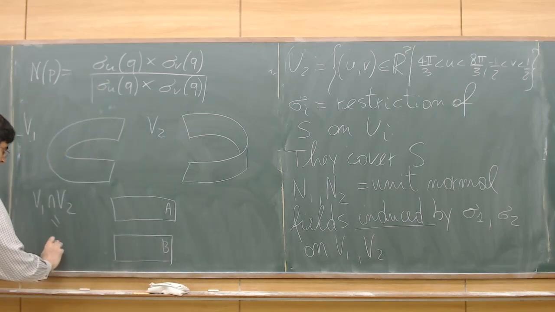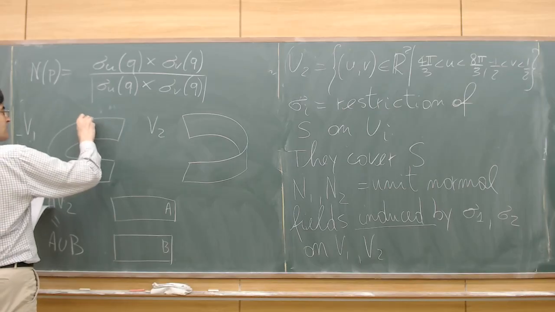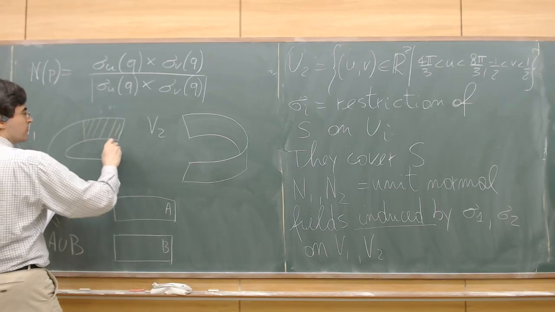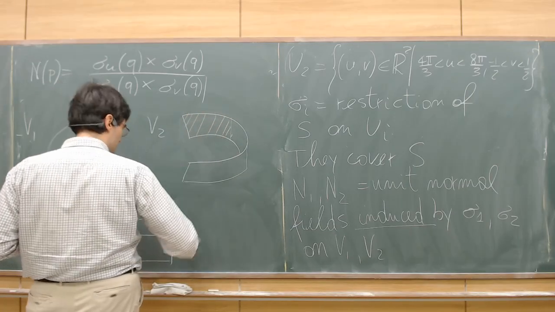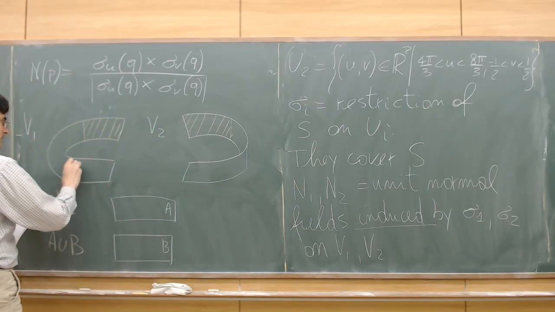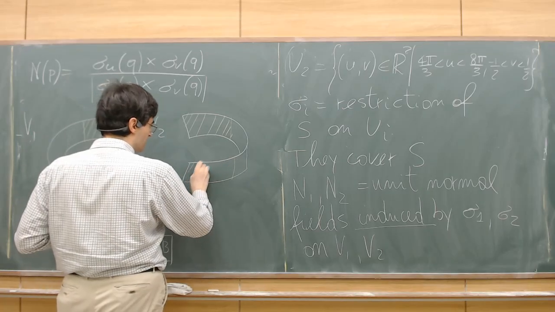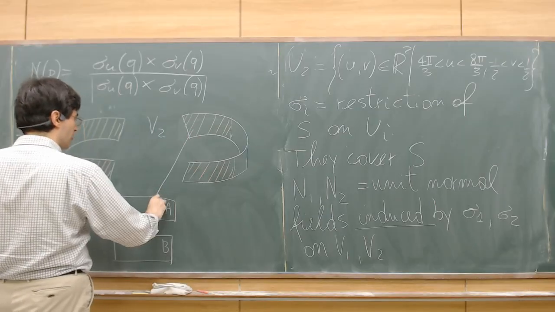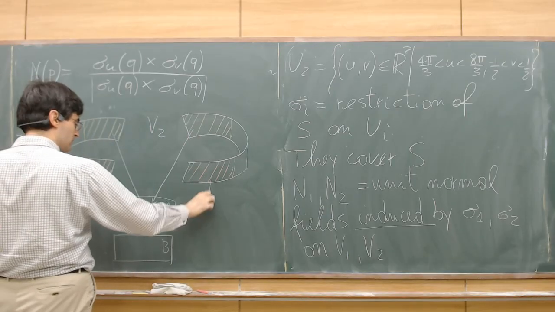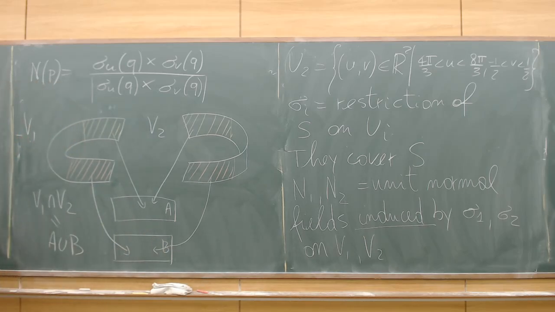And it is given by the union of A and B. So let's say that A is this one, and B is given by these parts.